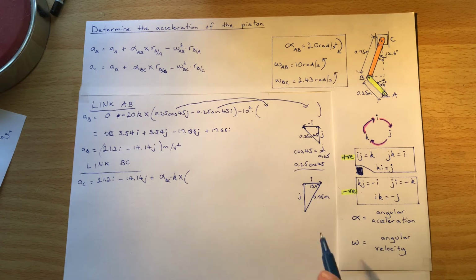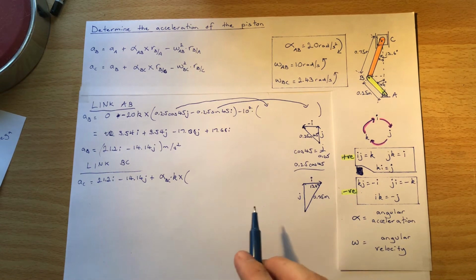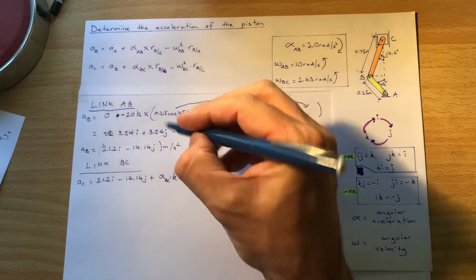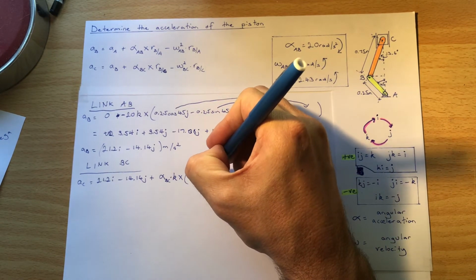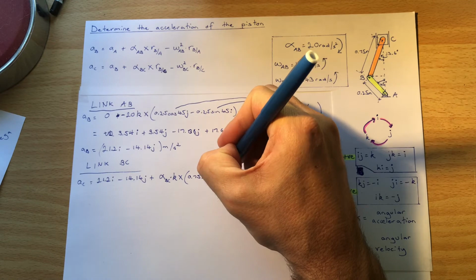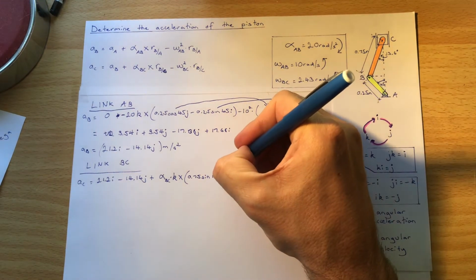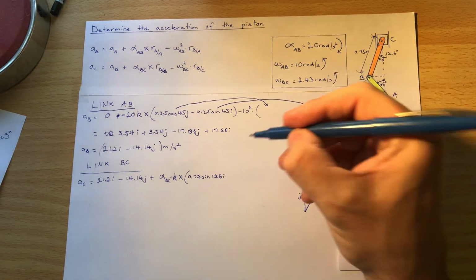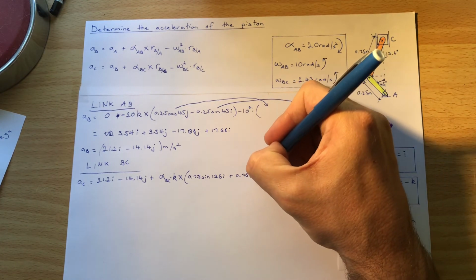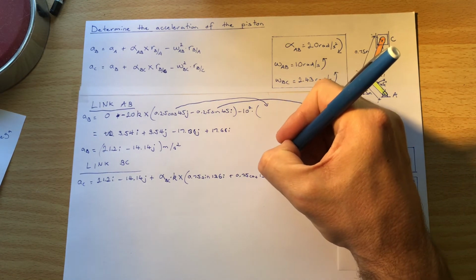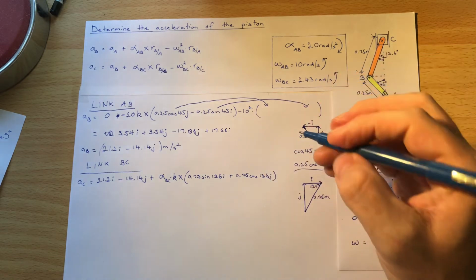So therefore, just noting again, your i components always come out as sine, always. So this is 0.75 sine 13.6 for your i component, plus 0.75 cos 13.6 for your j component.